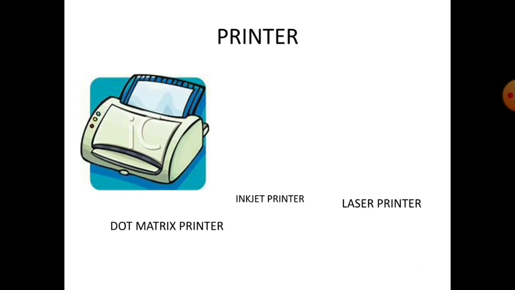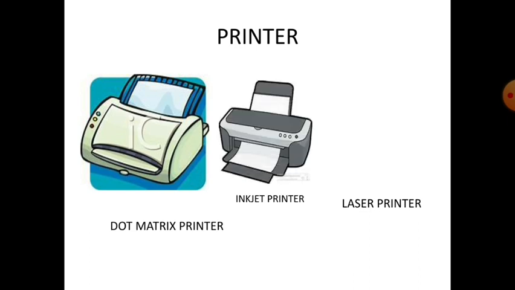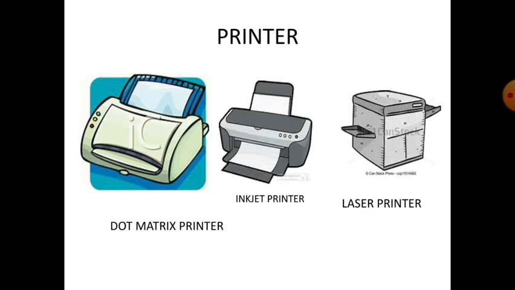Next is the printer. This output device is connected with the computer to get hard output, that is permanent output on paper. Printers can be of different types like dot matrix printer, inkjet printer, laser printer, etc. They differ from each other in their speed, printing quality and working technology.